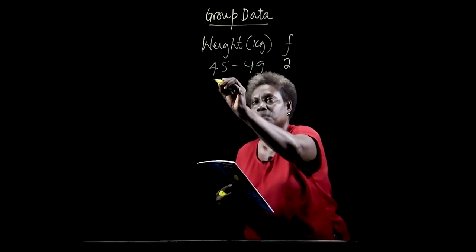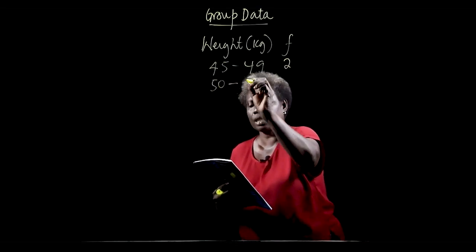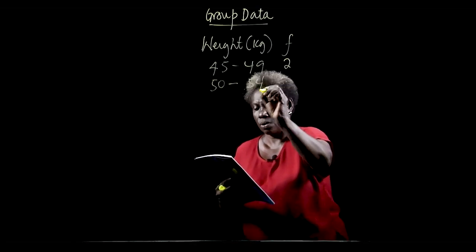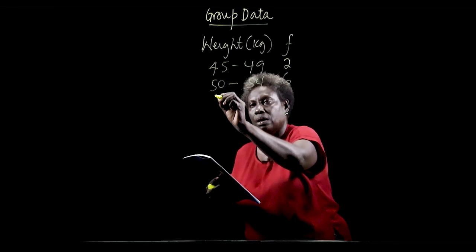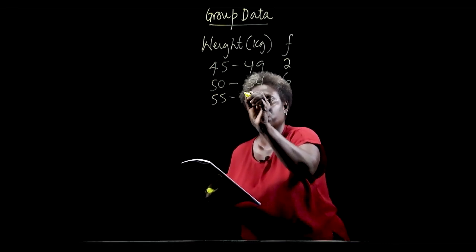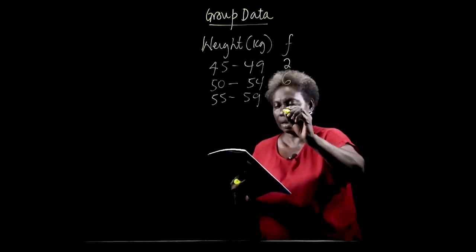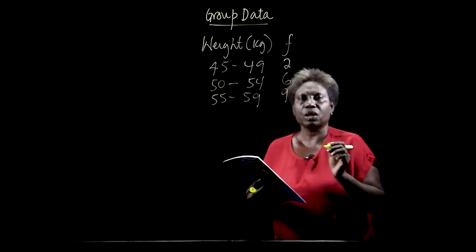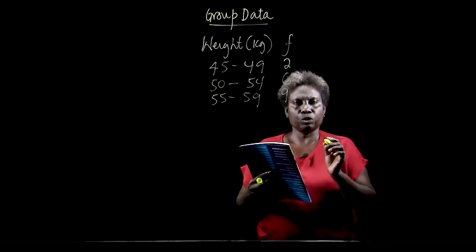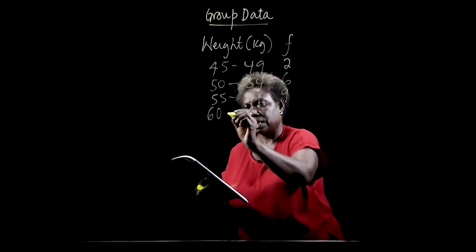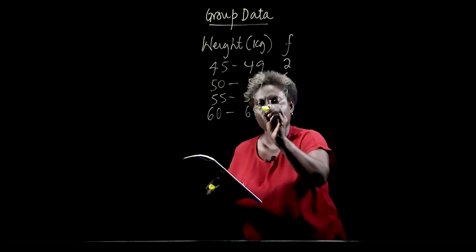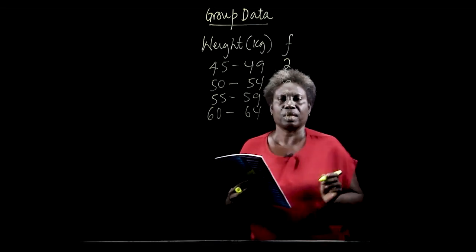Then weight 50 to 54, we have 6 students. 55 to 59, we have 9 students. And the last class, 60 to 64, we have 8 students.